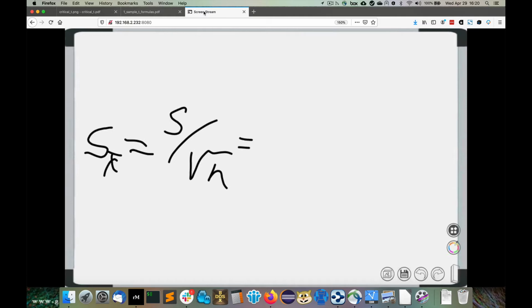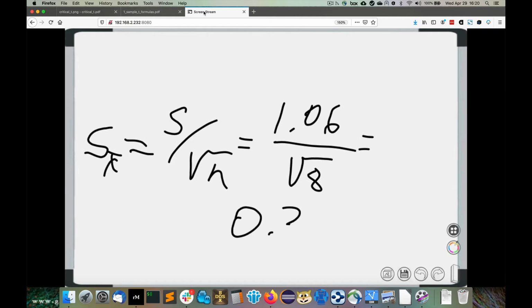The standard deviation was equal to 1.06, I think. Square root of n, which is the square root of 8. Okay. And if you crank that out, 1.06 divided by the square root of 8, you should get 0.375. 0.375, okay?